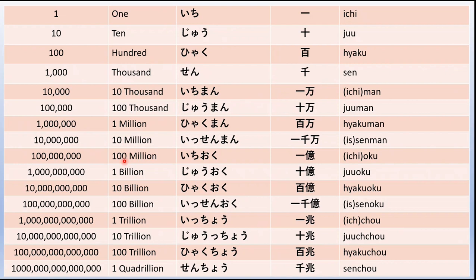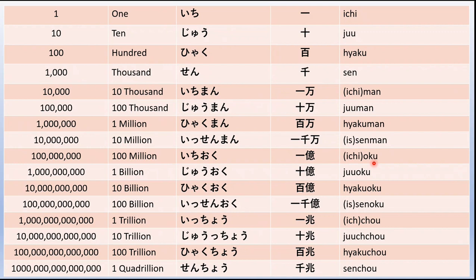Then for 100 million, we have a new unit called Oku. Since it is 100 million, the order of one, it's called Ichioku, and Ichi is optional here, similar to Isenman. So only Oku means 100 million and Ichioku also means the same.